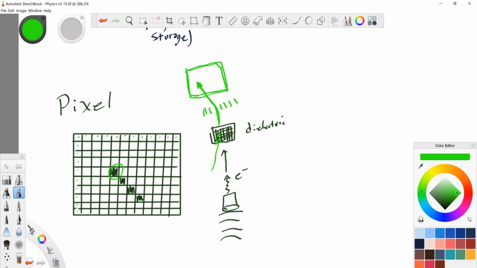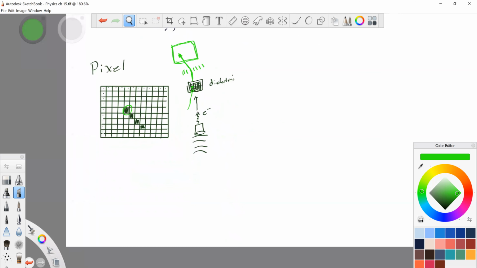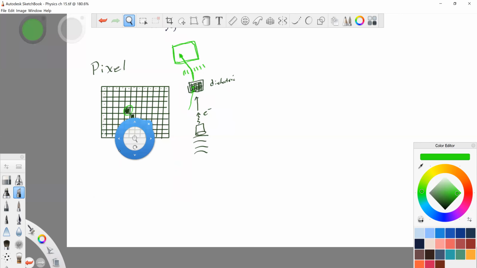Each individual box is a pixel. So spatial resolution on our screen has a lot to do with pixel density. If there are 120 pixels on your television screen, you're not going to see much.